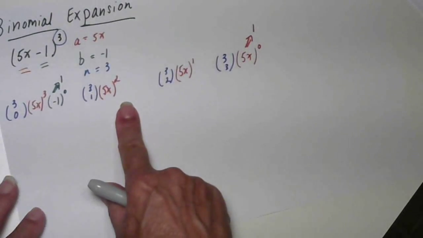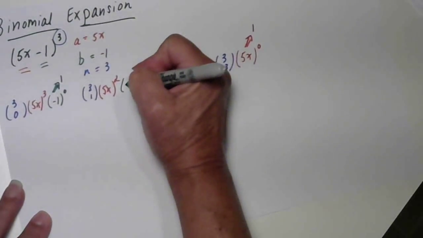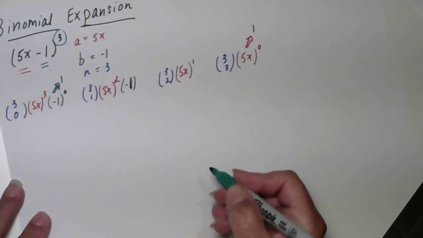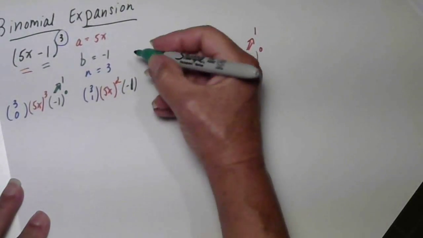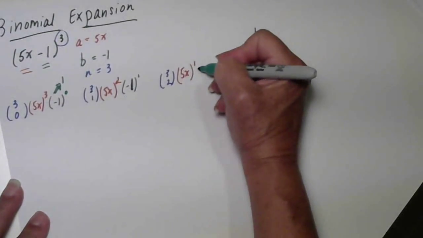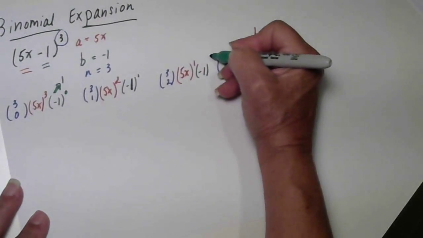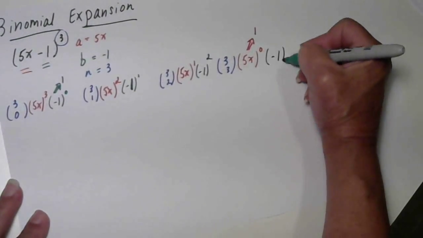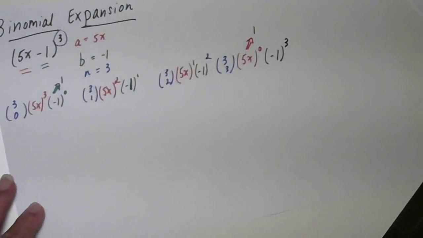In our next term, we have our B term, and now this exponent is going to be increasing by 1. So now we're at 1, and then here we're at -1 to the power of 2, and then here we're at -1 to the power of 3.